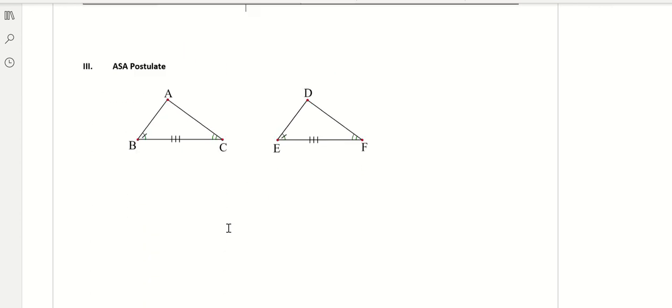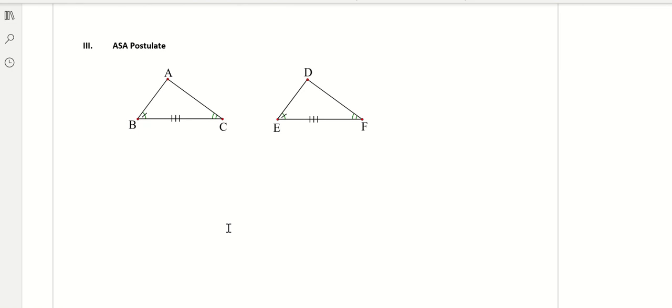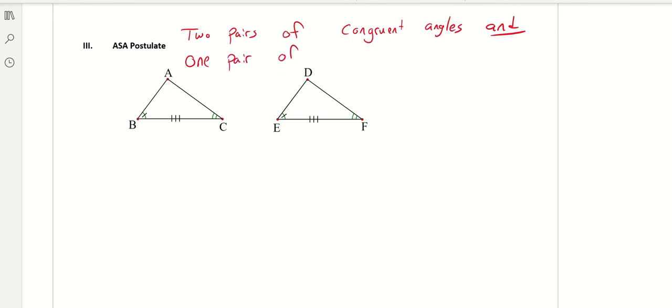Moving on to the angle side angle postulate. With the angle side angle postulate, we have two pairs of congruent angles and one pair of congruent included sides.